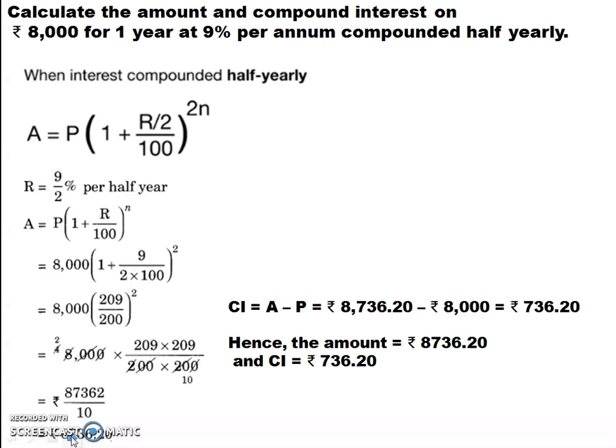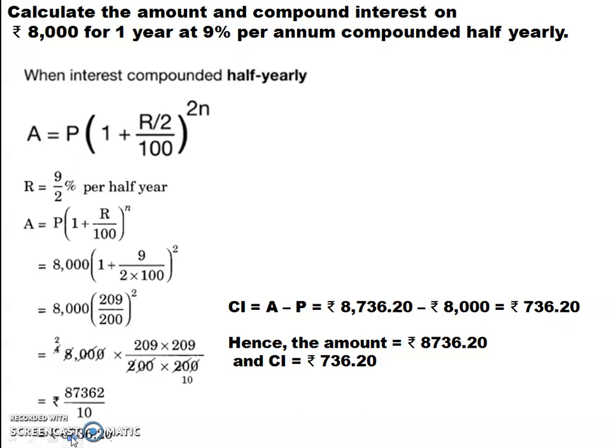First question: calculate the amount and compound interest on rupees 8,000 for 1 year at 9% per annum compounded half yearly. Students, we discussed the formula for half yearly, quarterly and monthly yesterday.